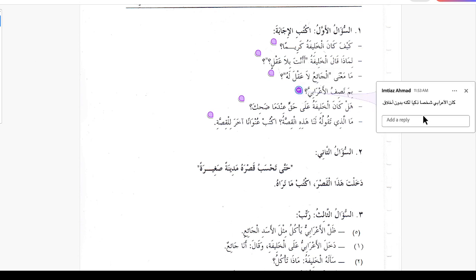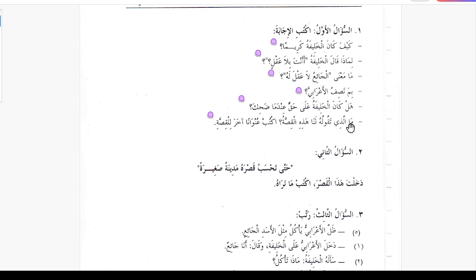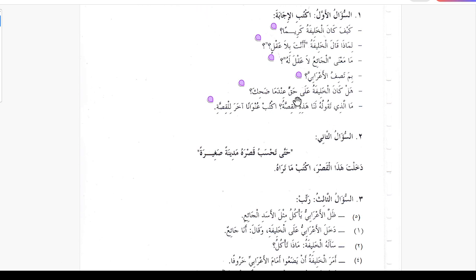Bima tasiful Arabiya. How would you describe the Bedouin? So we can say Kanal Arabiyu Shakhsan Zakiyan, that the Bedouin person was an intelligent person. Lakinnahu biduni akhlaqin, but he was without manners. Hal Kanal Khalifatu ala Hakin indama Zahika, was the caliph upon truth when he laughed?